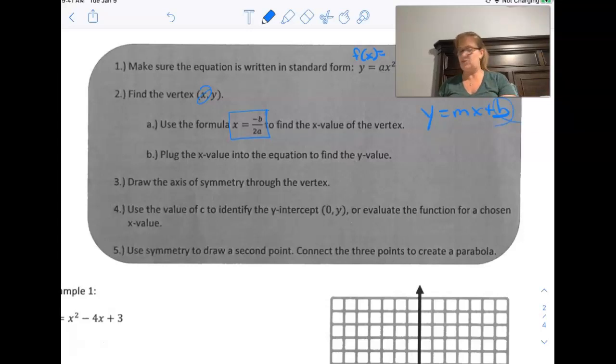Remember how b was your y-intercept? Well, look at now you've got y equals ax squared plus bx plus c. Remember that y-intercept is when x equals 0. So if x equaled 0 here, y would equal 0 plus 0, because anything times 0 is just 0, plus c. And so that's why that c is the value of your y-intercept.